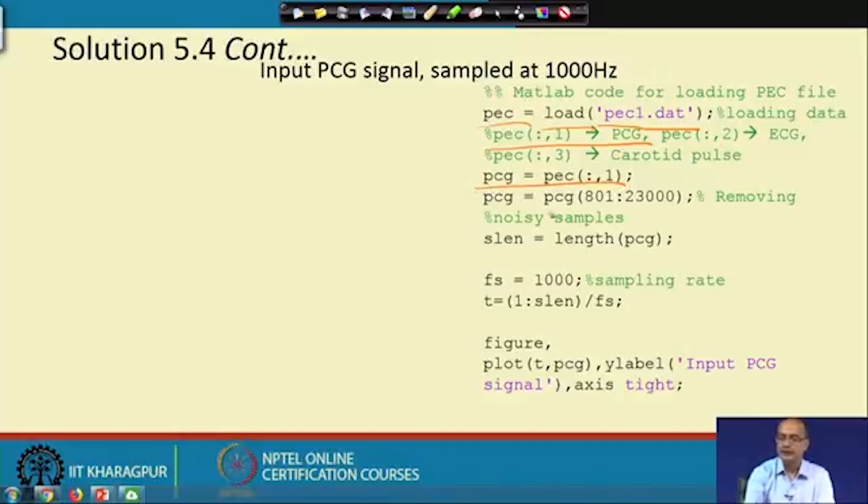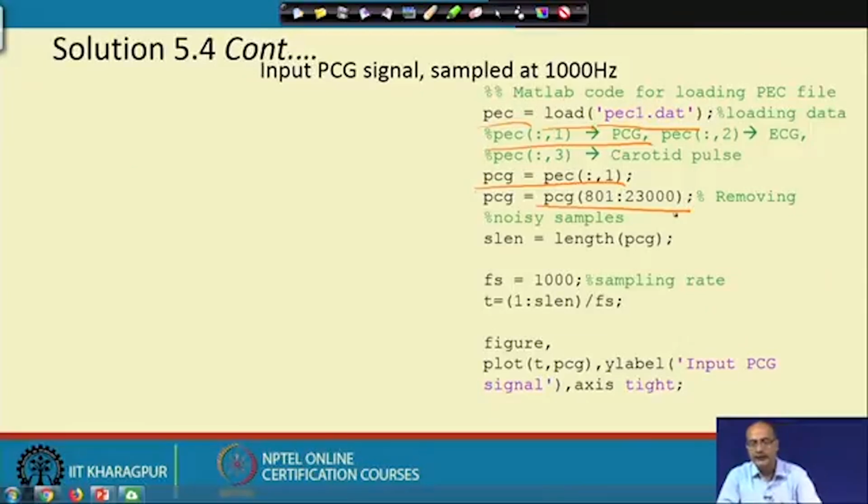We take the samples from 801 to 23,000. We remove some part at the beginning to avoid some noisy samples.